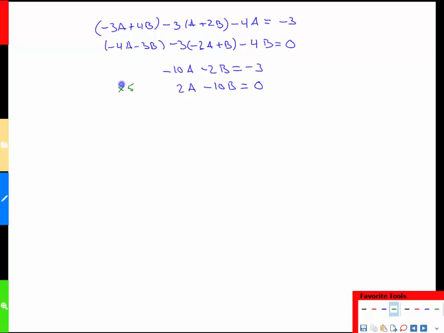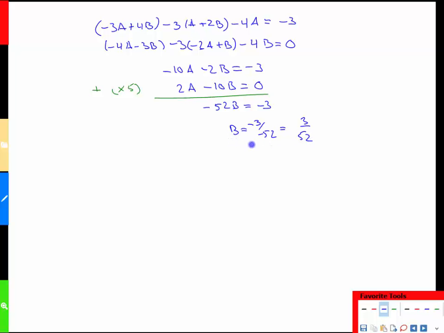We can then take those equations, multiply by 5, and add them. Then I'll have minus 10 plus 10. We'll also have minus 2 plus 5 times that is 50, so I'll have 52 b's negative. That's going to equal negative 3. So b will be equal to negative 3 over negative 52, or 3 over 52.